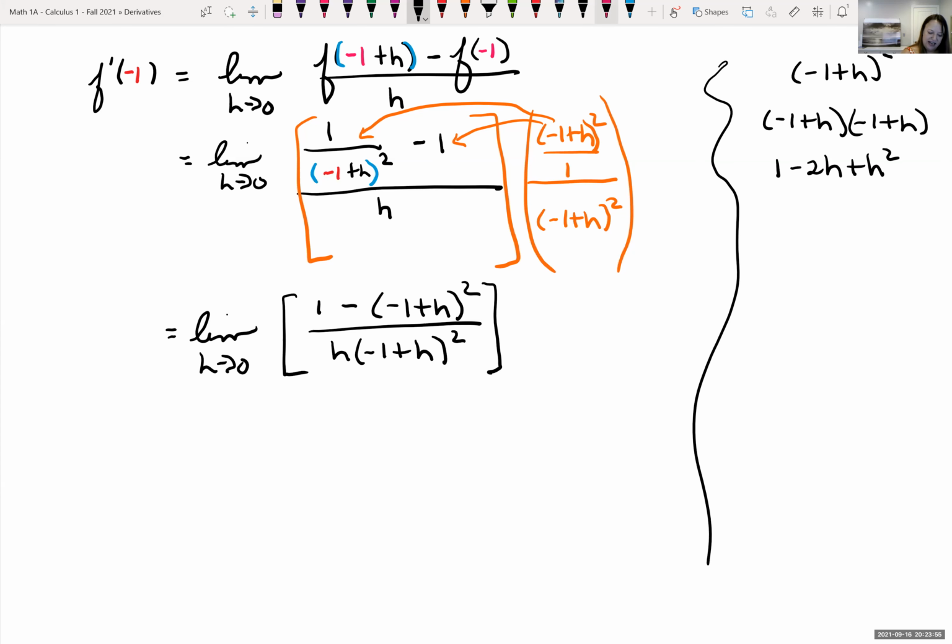But I technically have this minus in front of that, so I'm going to have to distribute that negative inside of every term. If we do that, we get back -1 plus 2h minus h squared.